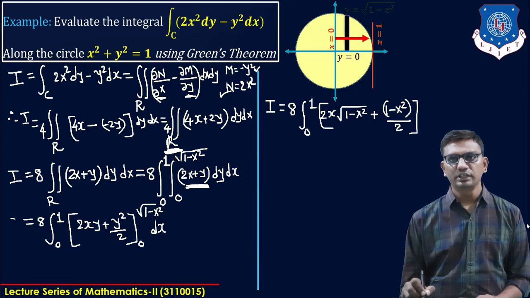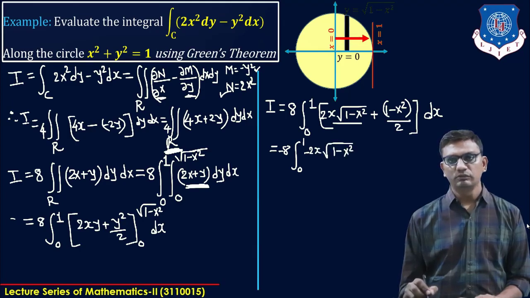So we now have an integration of x only. Now evaluate this integration. It is a single variable integration. So we need minus 2x, because we have to arrange the derivative of under root 1 minus x square, which is minus 2x, arranged here. And the second integration is 8 by 2 times the integration 0 to 1 of 1 minus x square dx only.